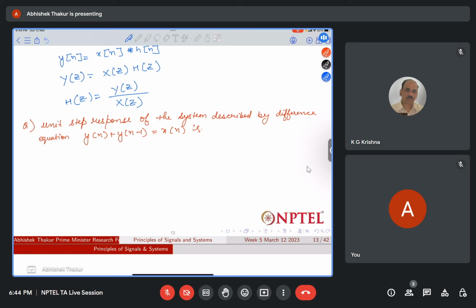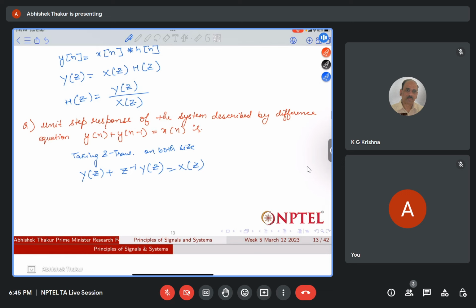First we will take the Z transform of the above equation on both sides. We will get Y(z) plus z inverse Y(z), because here it is n minus 1, equal to X(z).